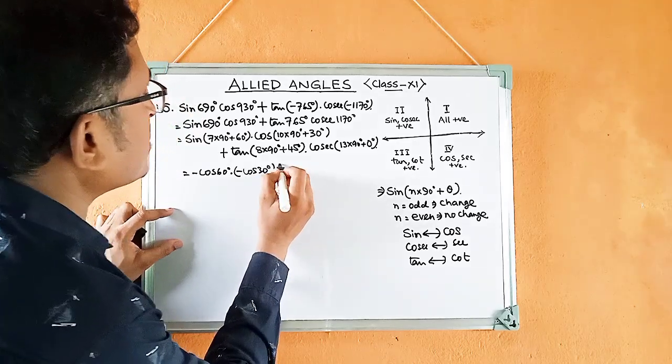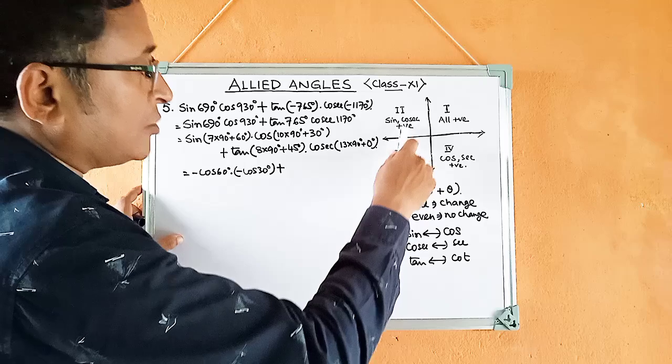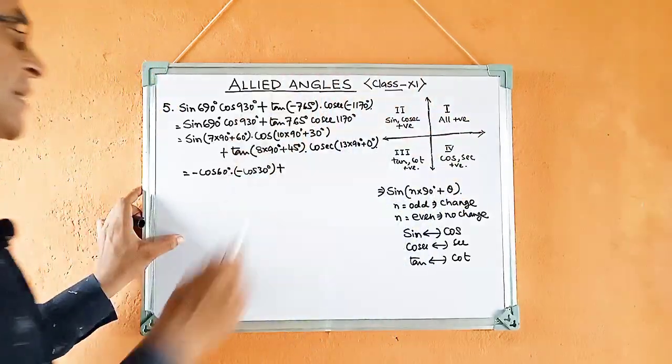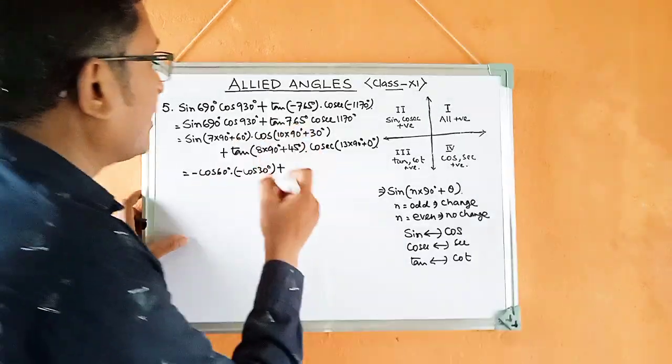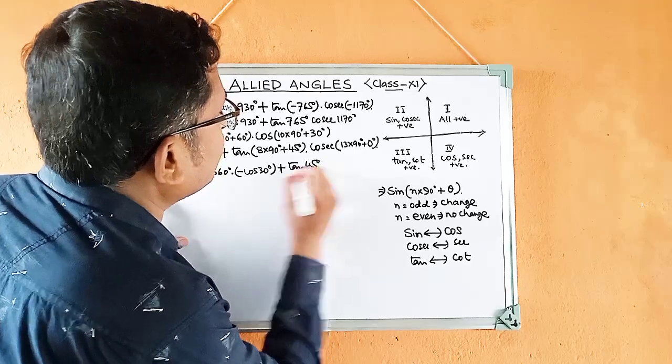Now see the next one. Tan 8 into 90 degree plus 45 degree. 8 plus 45 is in the first quadrant, where all angles are positive, and 8 is an even number, so there is no change. Tan remains tan 45 degree.